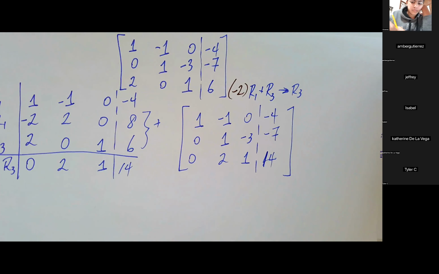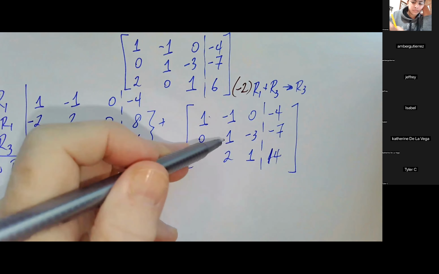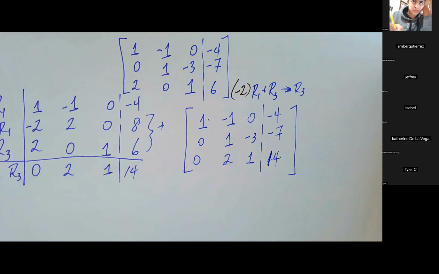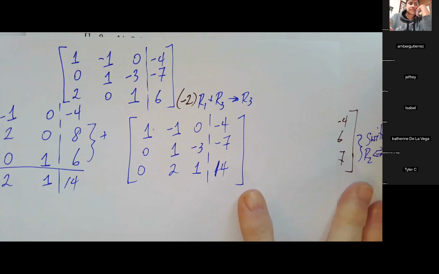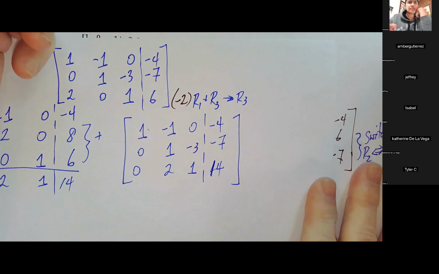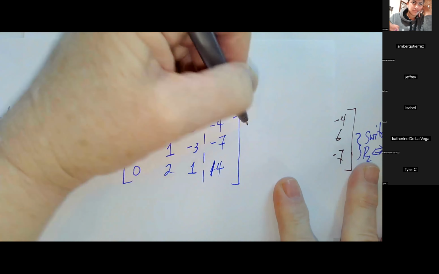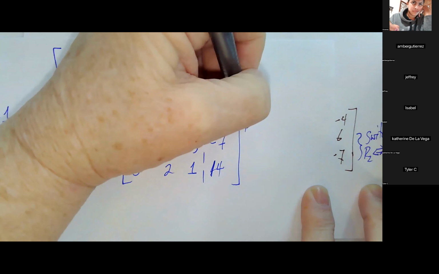Do we get zeros first or do we get a 1 first? 1 first. That's right. And the 1 is always on the element that has the same row and column. So normally we would get a 1 where D22 is, but we already have a 1, so yay. So how can we get a 0 where we currently have a -1? You add a +1. Good. And we're going to use row 2 to do that. Good.